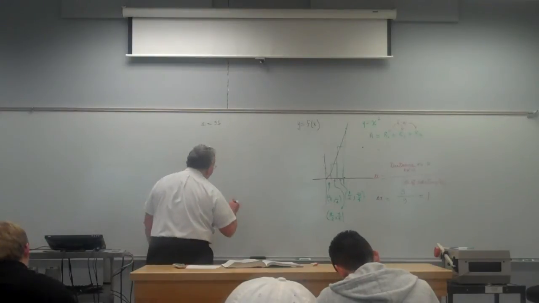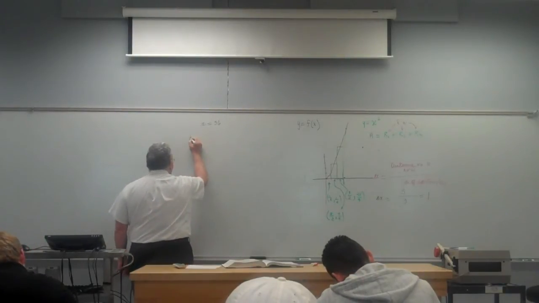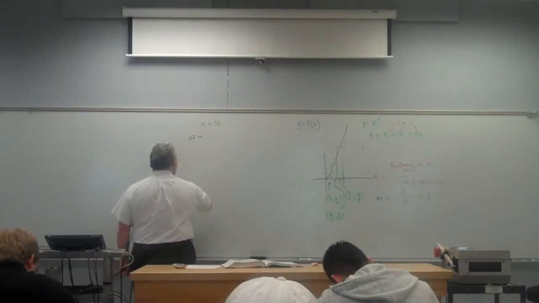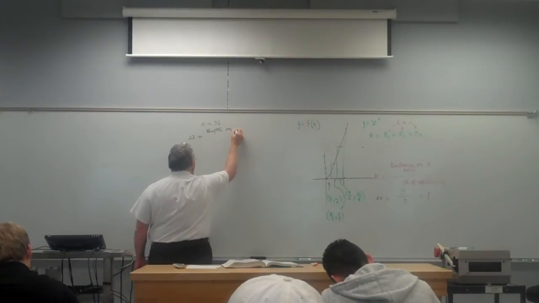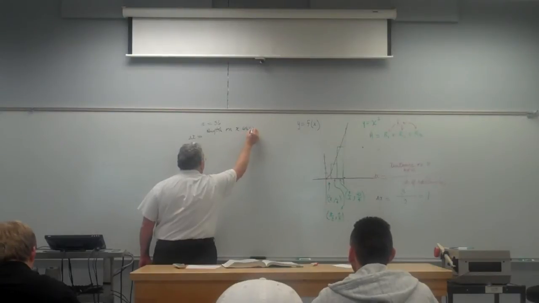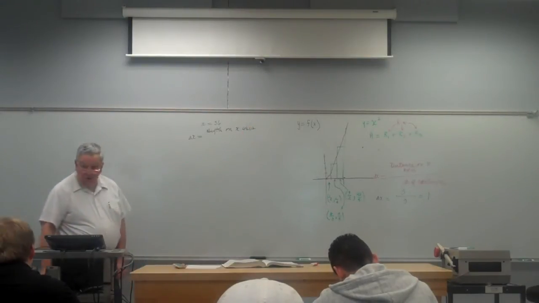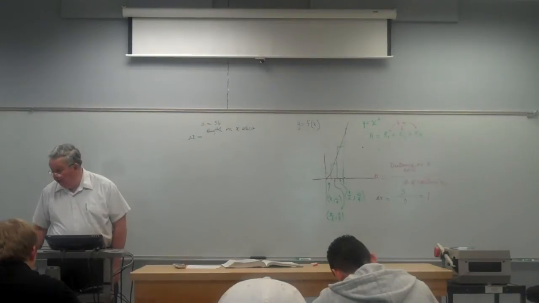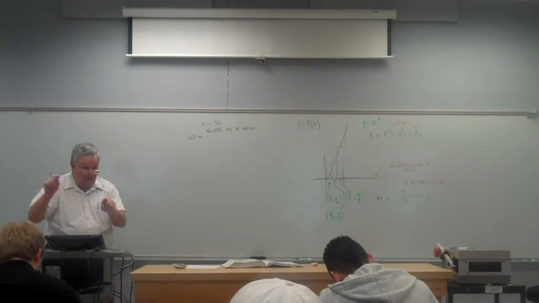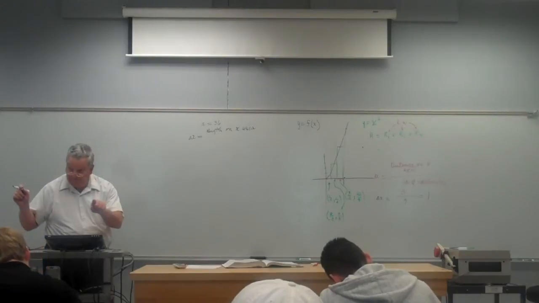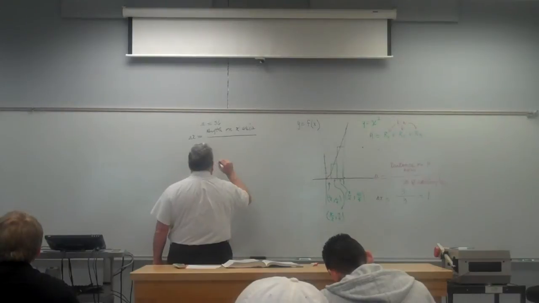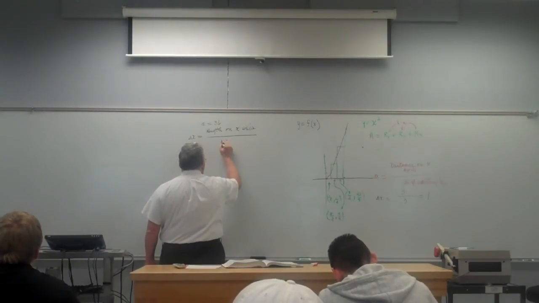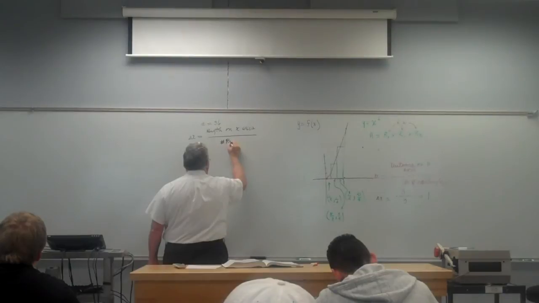First, delta x is equal to the length on the x-axis. That's still 3, isn't it? All we're doing is dividing it up into 36 rectangles, right? So that's still 3 divided by the number of rectangles.